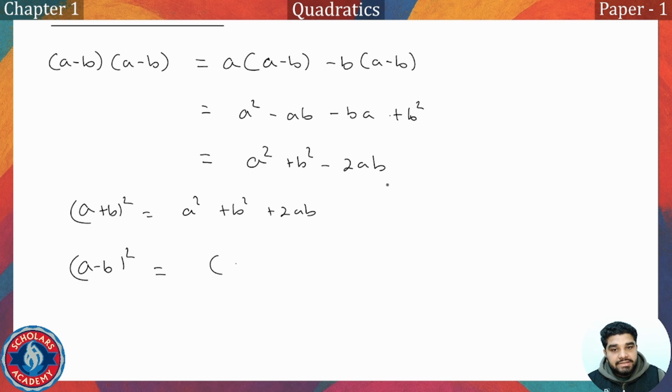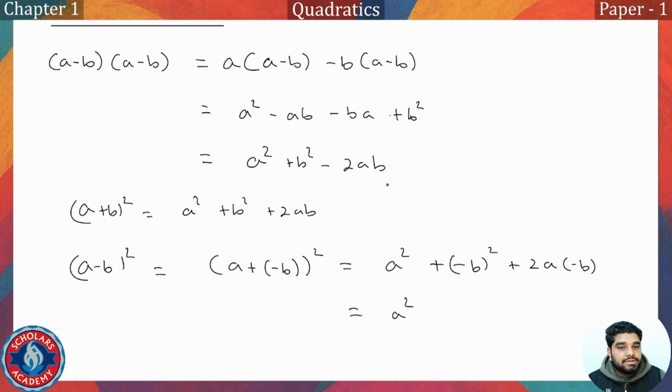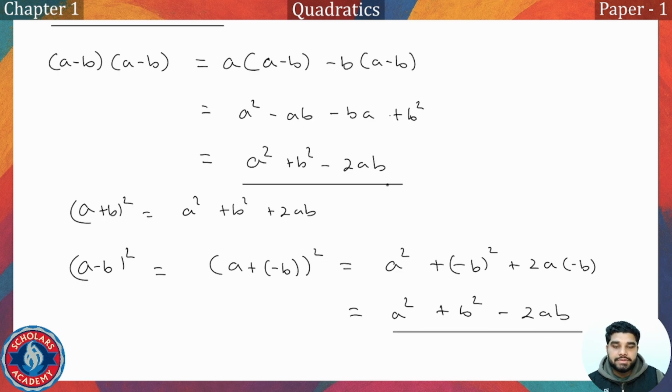This can be written as a plus minus b whole square, which we can write as a square plus negative b square plus 2 times a times negative b. So at last we get a square, b square, since the square of a negative number is positive, and negative 2ab. This way we get to know two formulas.